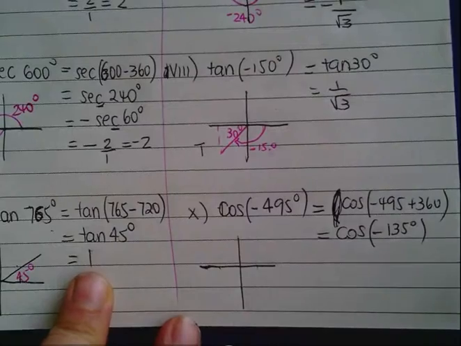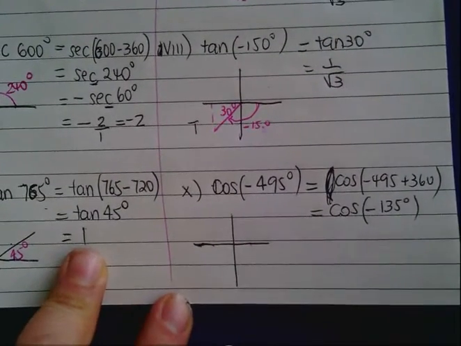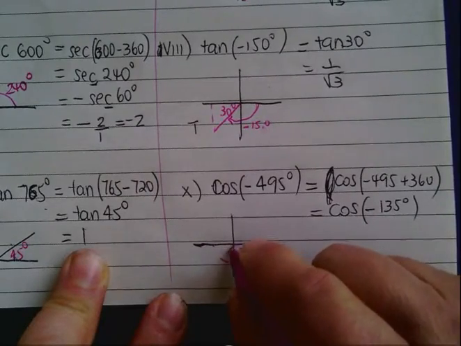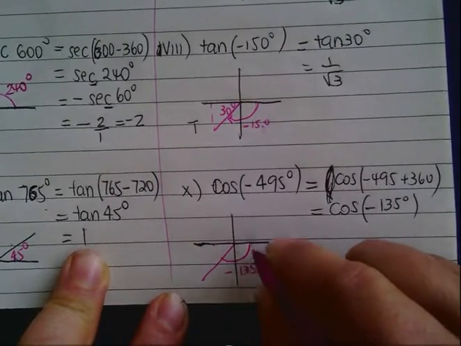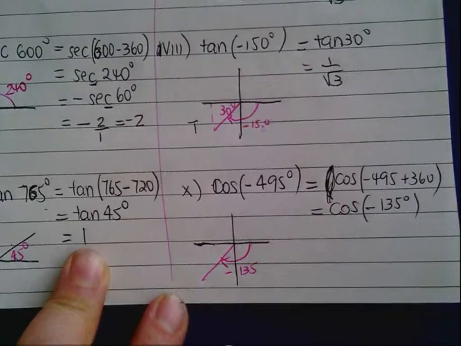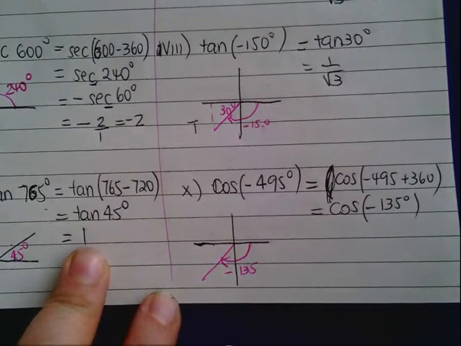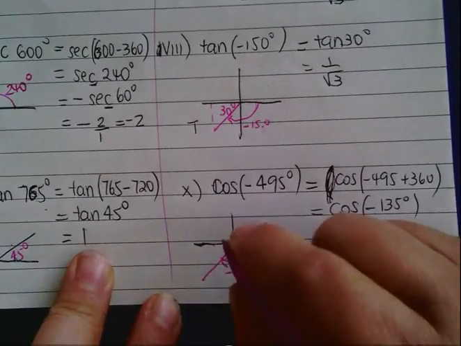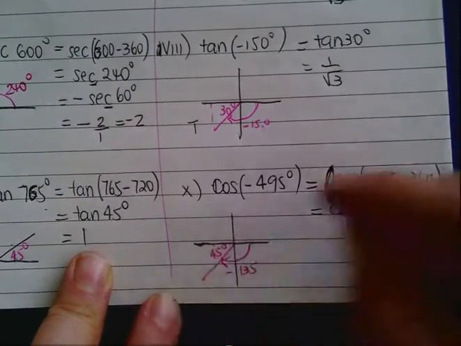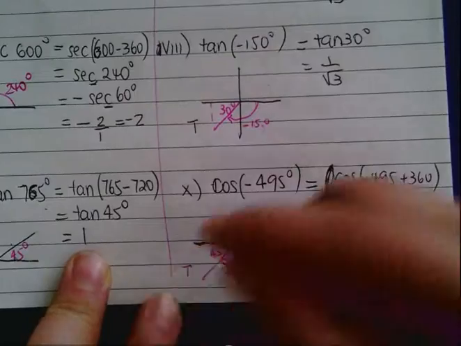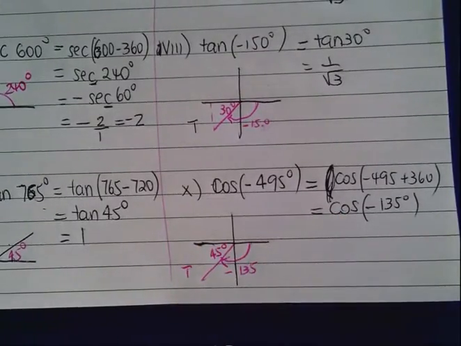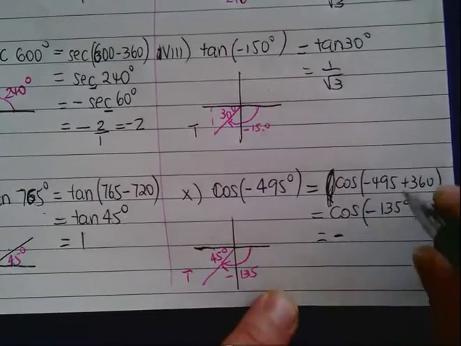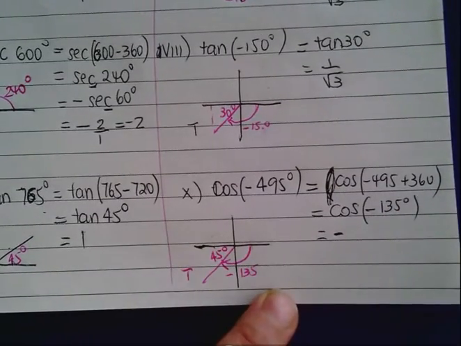So which quadrant do we end up in? We go this way. No. Yeah, you're going this way. Negative. What's the related acute angle? Yes. And all stations to central, cos is not positive there, it's negative. So you put the negative out the front, girls. You don't put the negative inside the bracket like this.